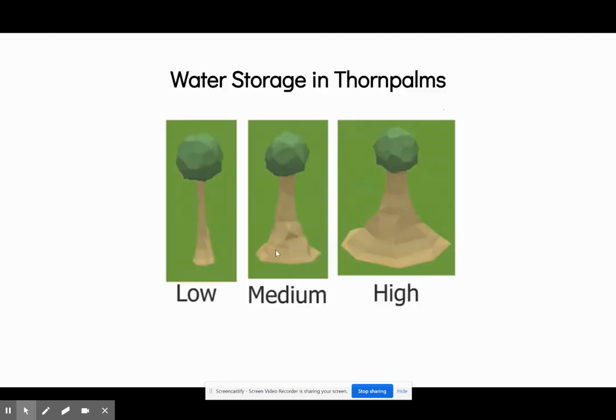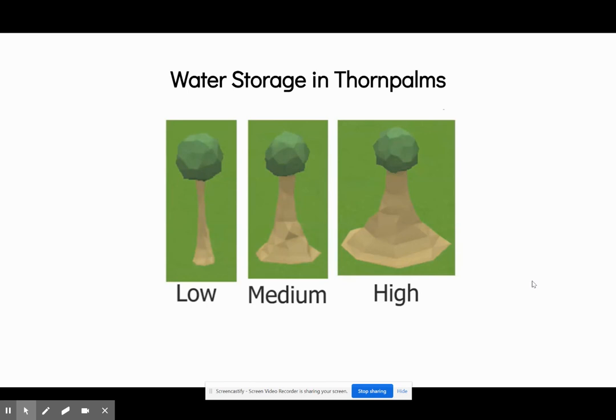And then you're also going to do the same thing for this last one. This last one is looking at thorn palms. Again, this is a fictional plant. This is not a real plant. And we're looking at water storage, and you can see the examples. If it has low water storage, it's going to be very thin. And if it has high water storage, it's going to be a little bit thicker because it's holding a lot of water.